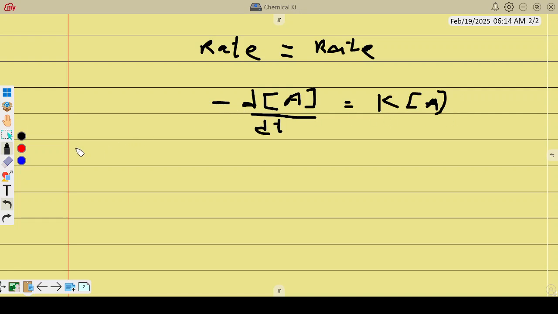We can multiply this side by -1, so even this side we multiply by -1. If what you do on one side you also do to the other side, then you haven't changed anything. Negative and negative, it's positive.